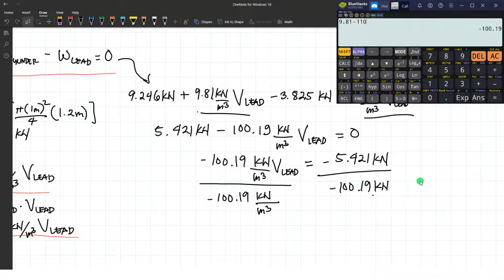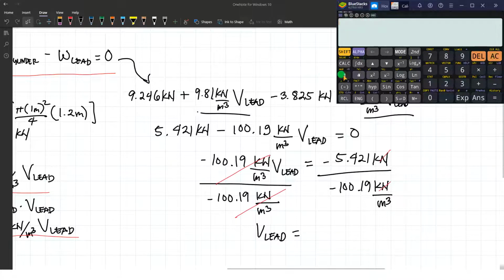We can now determine the volume of the lead. So volume of the lead is equals to 0.0541 cubic meters. Okay, that's the volume.